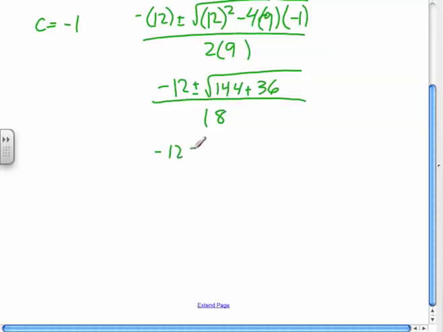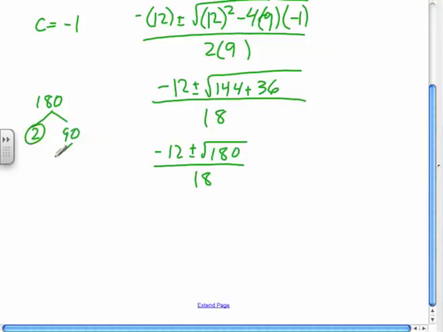I've got negative 12 plus or minus the square root of what, please, Will? 180. Well done. Now, Noah, what needs to happen to this? That needs to be rooted. Okay, we need to simplify that square root. So I'm going to take 180. I've got 2 times 90, which is 2 times 45, which is 9 times 5, which is 3 times 3.